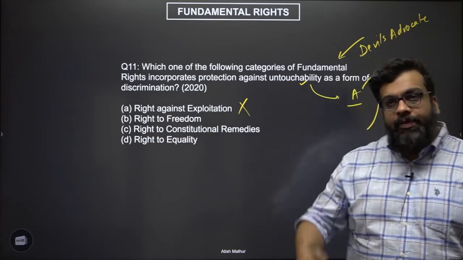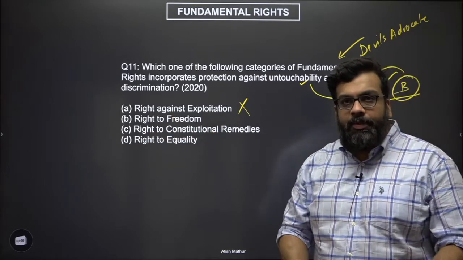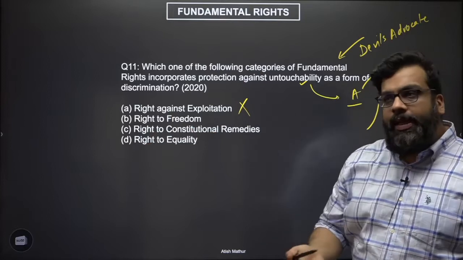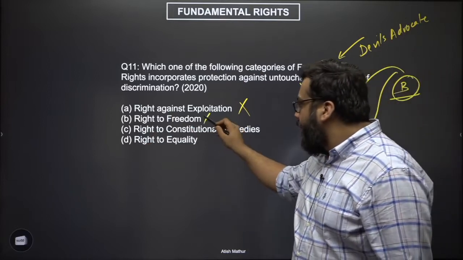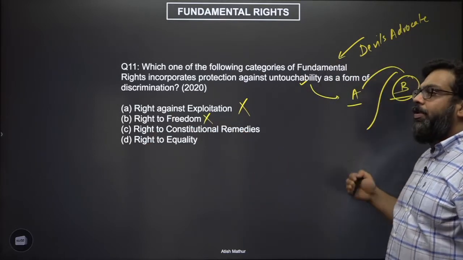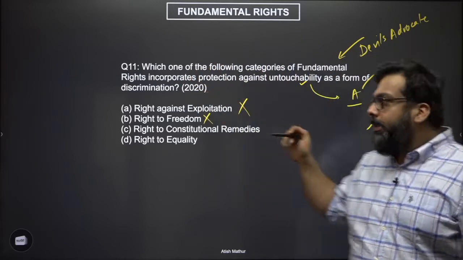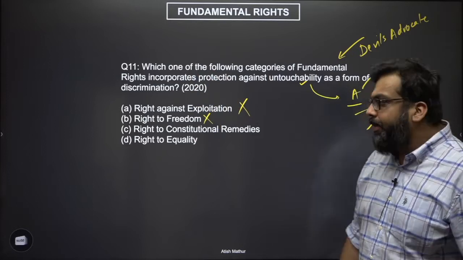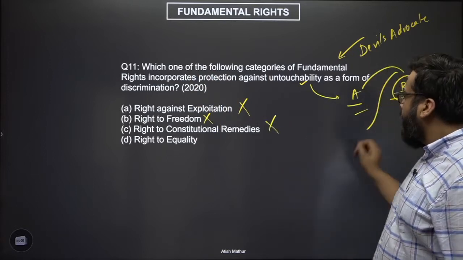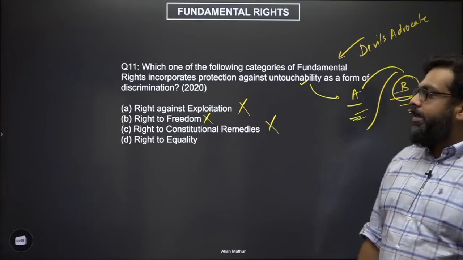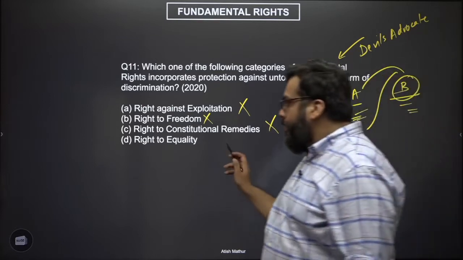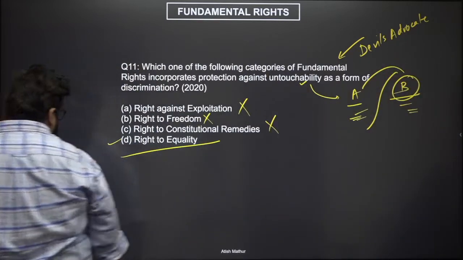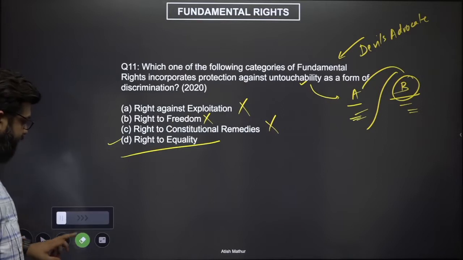No. Are you violating B's freedom? No. B has very much the right to walk out of there. Are you stopping B from going to court just because you're treating them differently? No. The court doesn't discriminate on untouchability. What you're essentially doing is treating people unequally. So your option answer D is your correct answer.